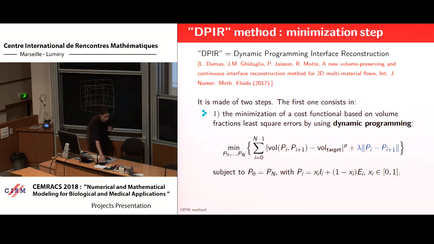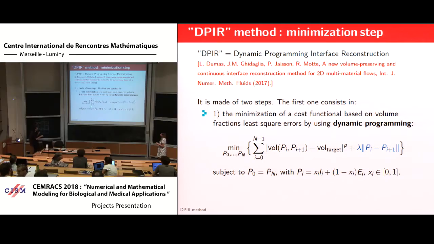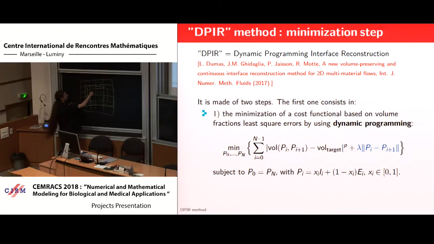So this is the cost functional of Zapier, where P0, P1, etc. to Pn are the points chosen in each edge. So, for example, here we have P0, and then we want to reconstruct all the P. In order to get some continuity, we impose that P0 has to be equal to Pn.